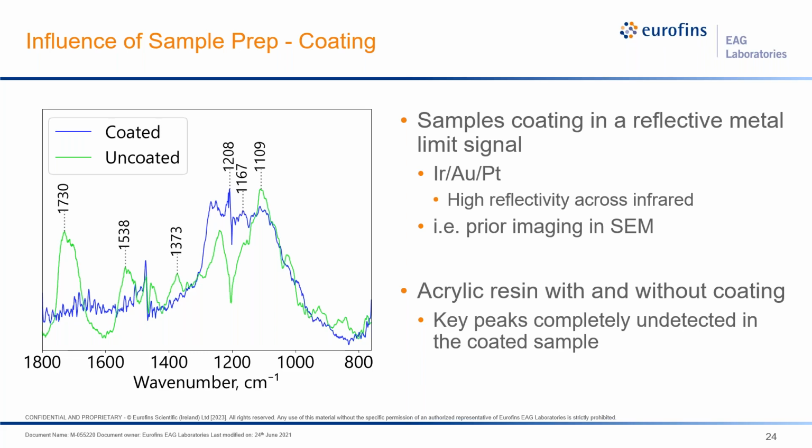So in this case, we're looking at a thick acrylic resin slab with and without a platinum iridium coating on it. And what we can see is that when we look at the coated sample, we lose access to resolve all of the key peaks of the acrylic resin. That is the 1730 peak from the ester groups. It's completely unresolvable in the coated sample.